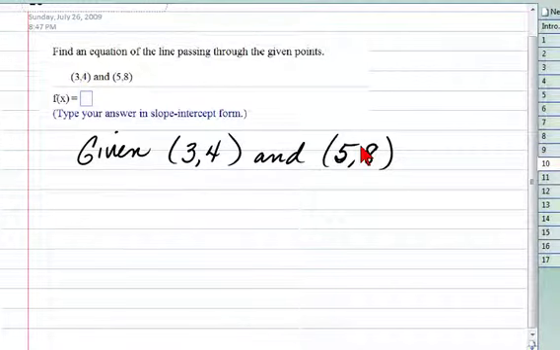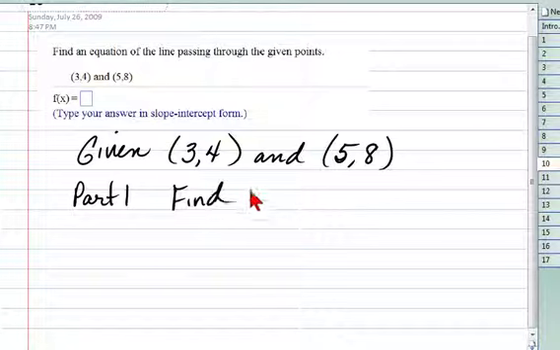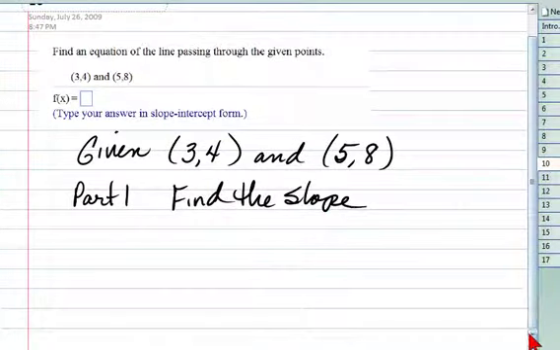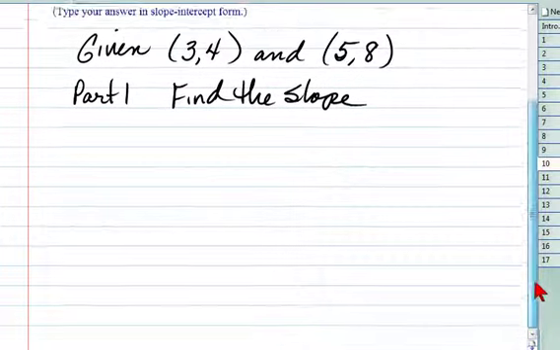What in the world? What did I tell you you always had to find first about a line if you were looking for its equation? The slope. Okay, so this could be a 2-part problem. Part 1, find the slope. And although we haven't done it in here, we do it in Math 307.